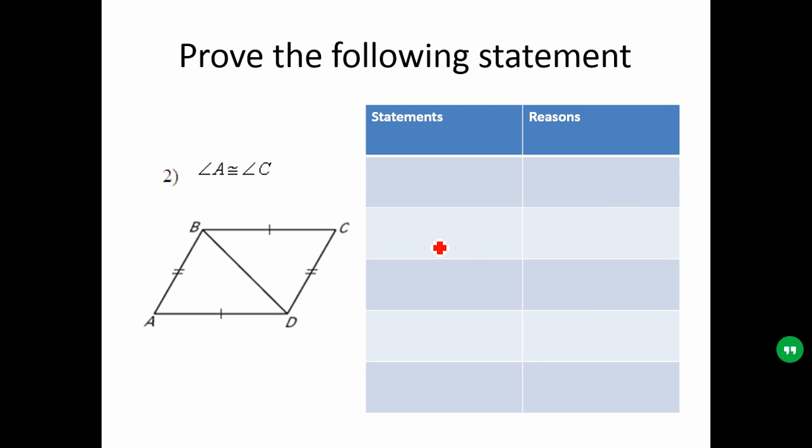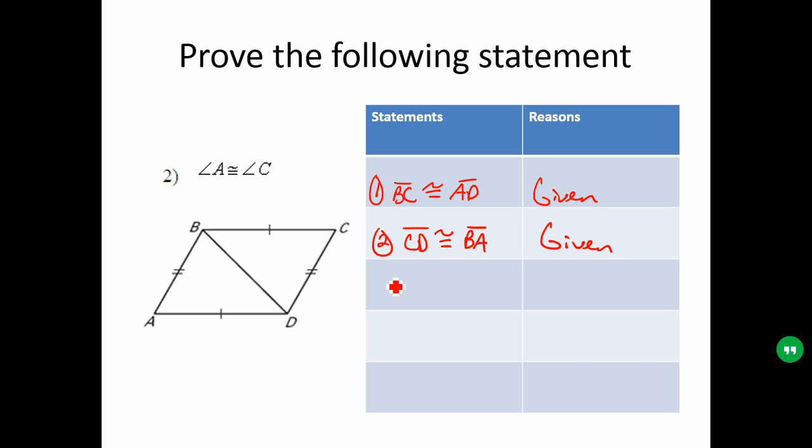Again, prove the following statement. Here, given information, we know that segment BC is congruent to segment AD, and that's given to us. We also know that CD is congruent to BA, and that's given to us.